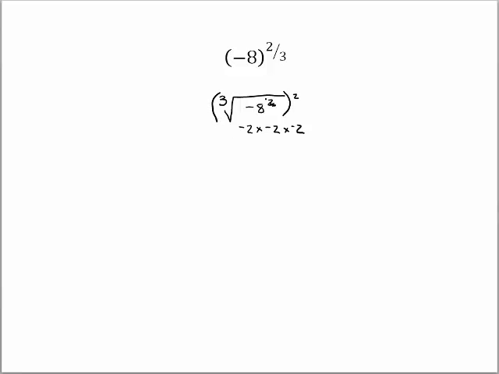That'll help us a lot. We don't want this in here. So taking out the cube root of -8 would actually be -2. So we have -2. But we still have that square on the outside. So the actual answer becomes 4.